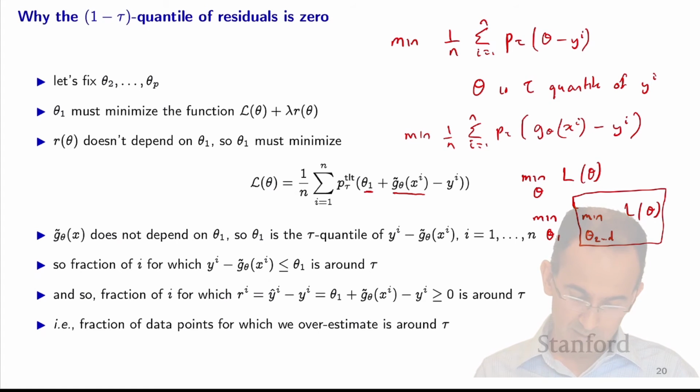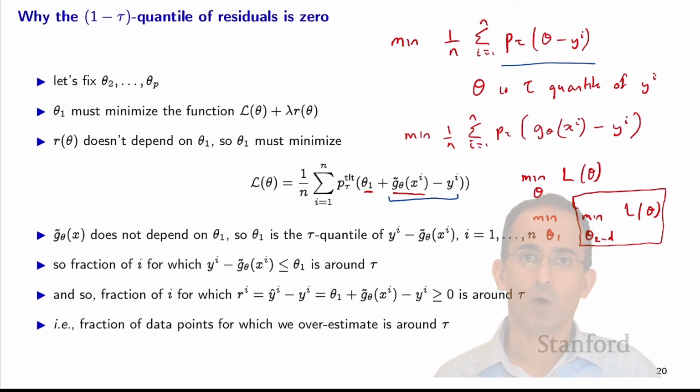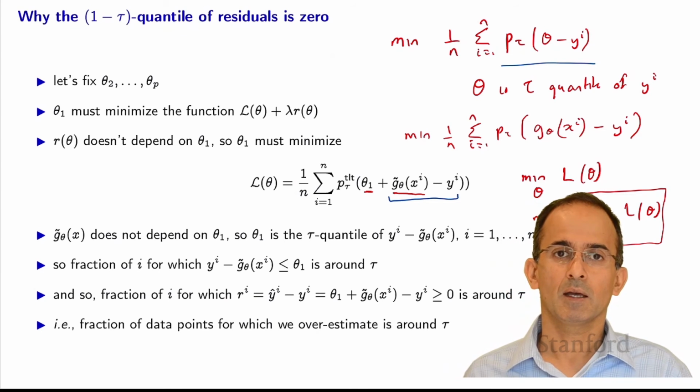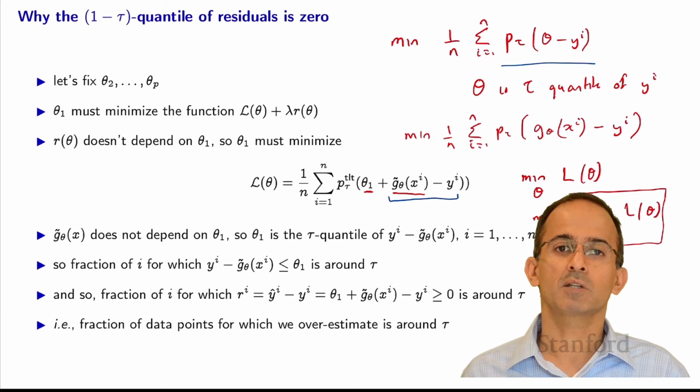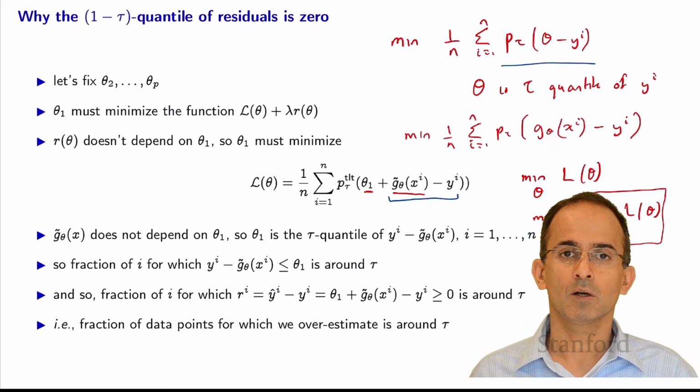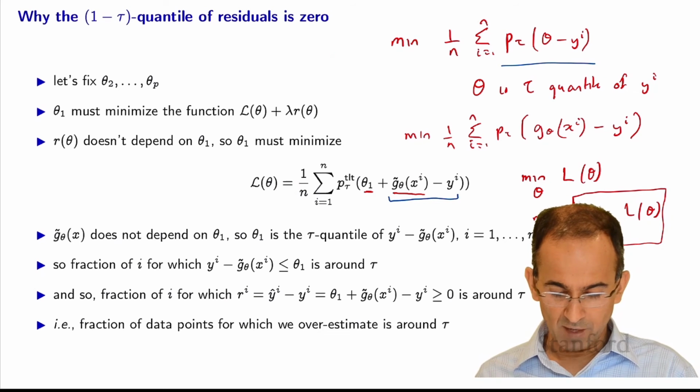It looks like this, where now we have theta 1 plus a term g theta tilde xi minus yi, which doesn't depend on theta 1. As a result, theta 1 is going to turn out to be the tau quantile of yi minus g theta tilde of xi.